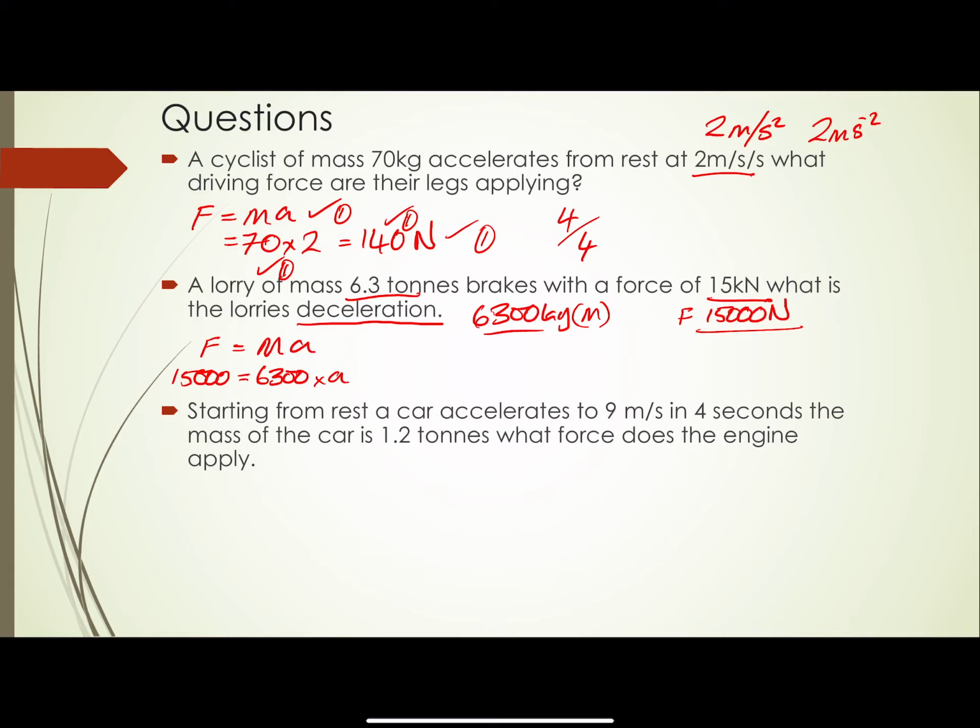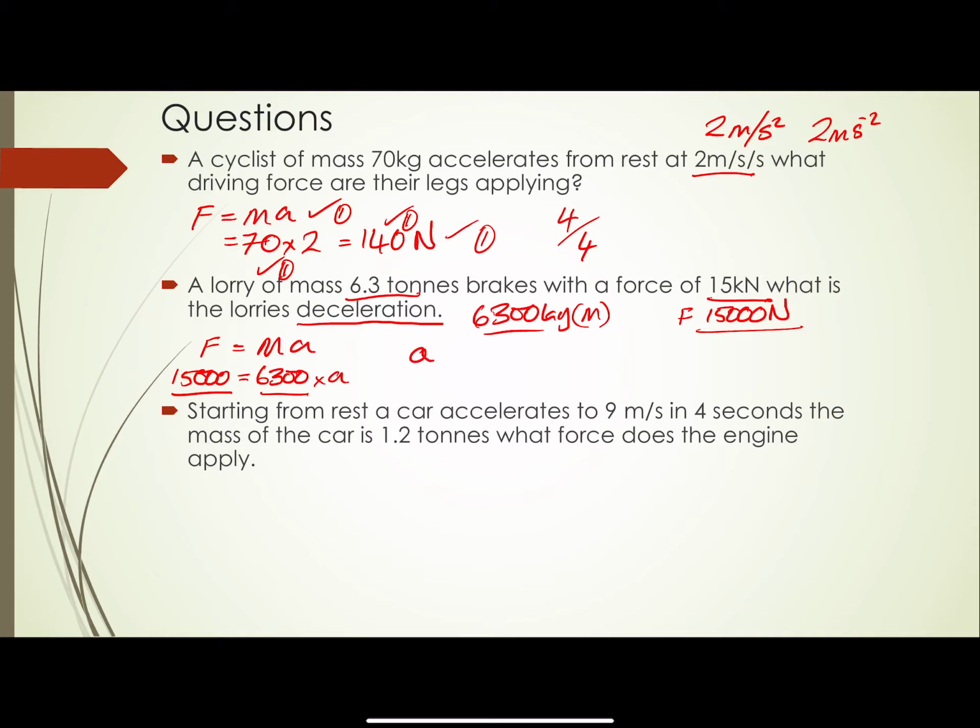Now, if you'd written 15 kilonewtons here and you'd written 6.3 tons there, you would still get a substitution mark because you've written the numbers in the correct place. If you wrote 6.3, you wouldn't get the mark, perhaps because it's 6.3 tons. So you'd have to say 6.3 tons if you don't know how to change tons to kilograms.